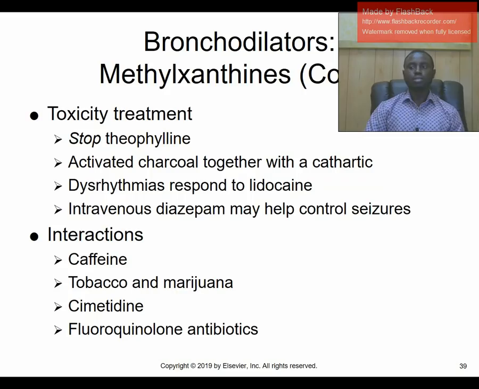And then cimetidine is an antihistamine or anticholinergic that can also increase the possibility of anticholinergic effects. And some antibiotics, such as the fluoroquinolones, can also be affected if a person is taking theophylline.